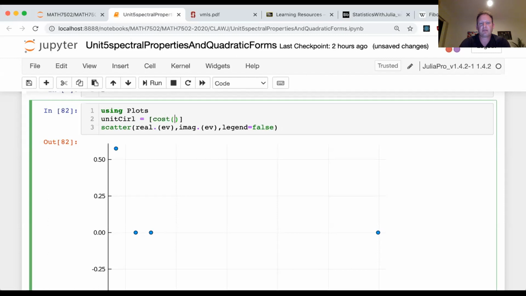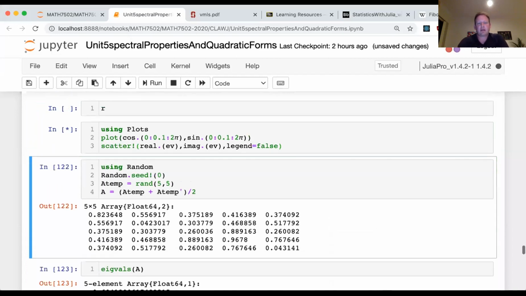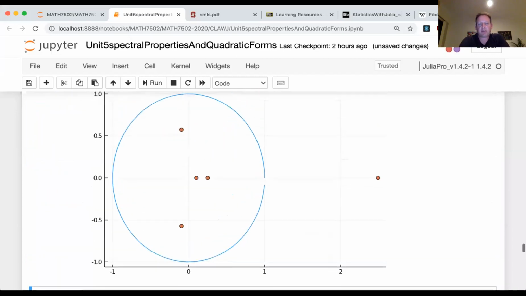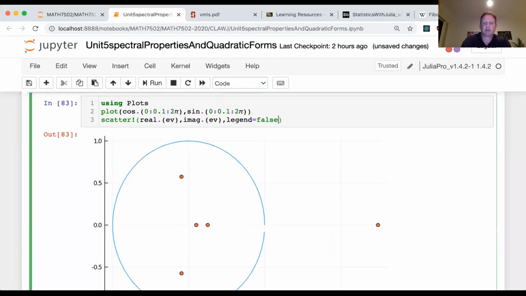I'm going to do cosine of t, so plot of cosine applied to 0, 0.1 to 2 pi and sine applied to that. I want you to see this because this is a plot that people often put. And let's just put aspect ratio 1.